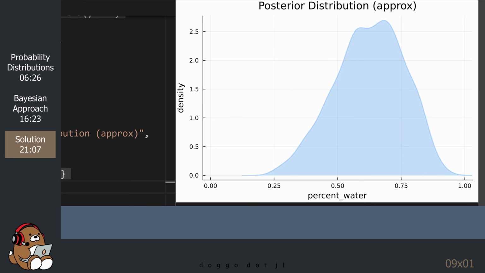What you're looking at is the Bayesian statistics answer to the question, what input generated the output that I observed? In this case, we can interpret this as answering the question, how much of the Earth's surface is covered with water? As you can see, it's not a single number. Instead, the answer is a distribution around a range of potential answers, showing the degree of belief for each potential answer.